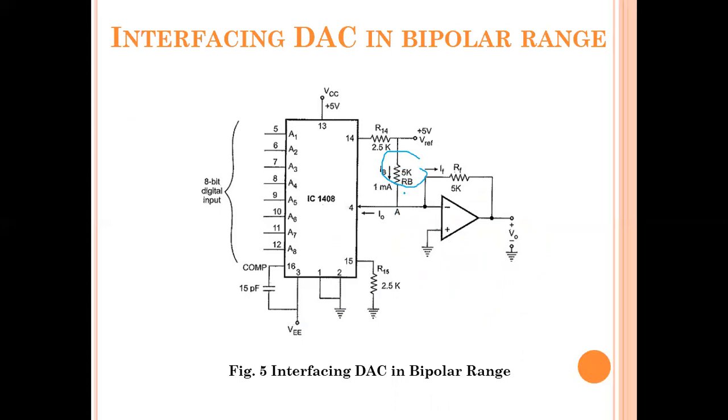Here you will use one resistor, which we name RB, of 5 kilo ohms. Since we have taken the R14 value to be 2.5 kilo ohms, we have to consider double this R14 value, which is named RB, and we consider this RB value to be 5 kilo ohms. Hence, this circuit will work for bipolar range now.